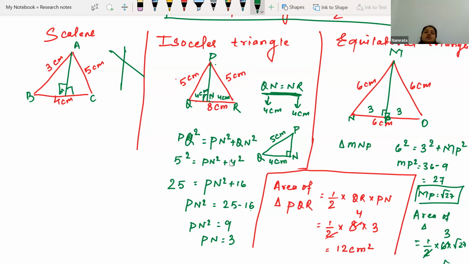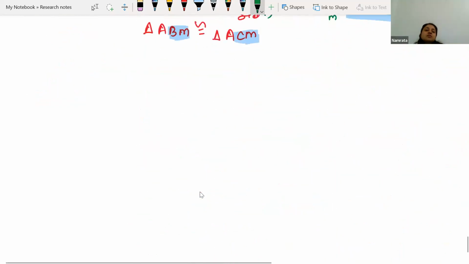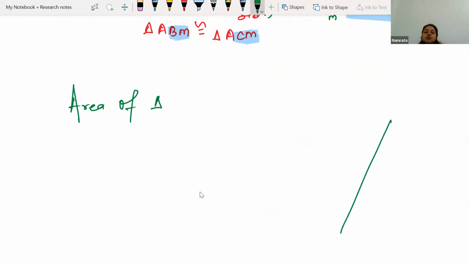Okay, so let's see what that formula is. According to Heron, the formula for the area of a triangle is as follows. Suppose I am drawing one triangle over here, P, Q, R, where one of the sides is a centimeters or a units, another side is b, and the third side is c.